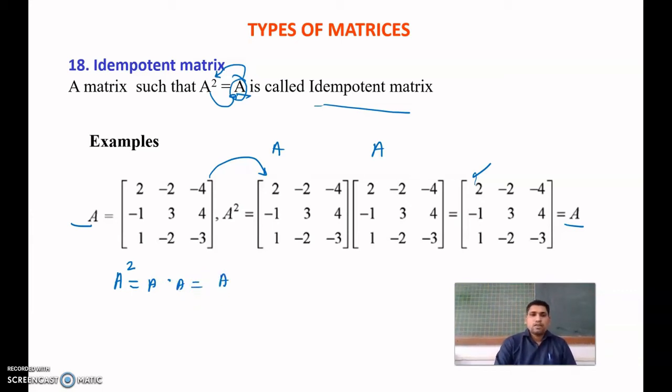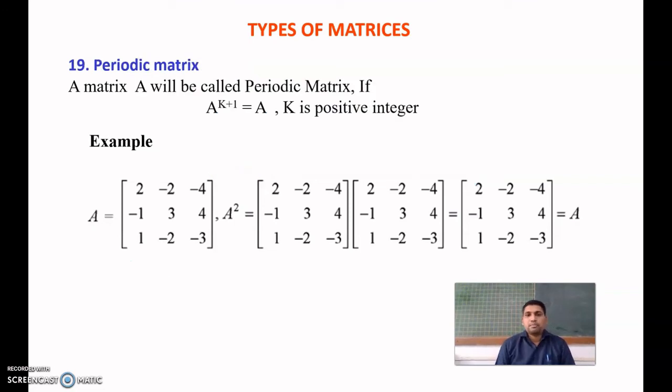Okay, now next matrix, periodic matrix. In this matrix, any power of A, meaning 2 or more than that power of the matrix, gives you the same matrix. That matrix is called a periodic matrix.